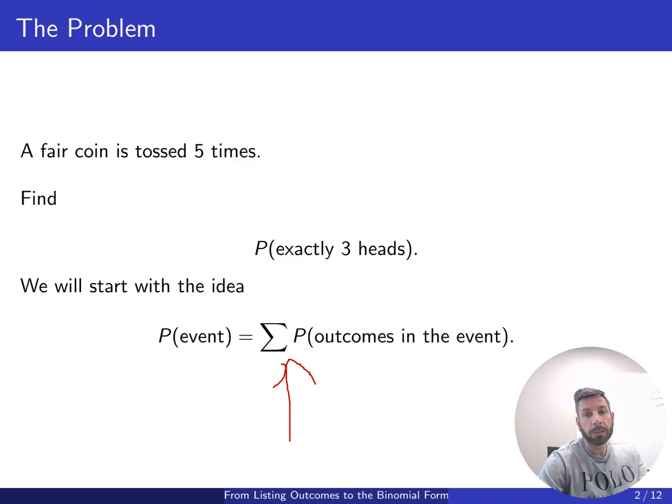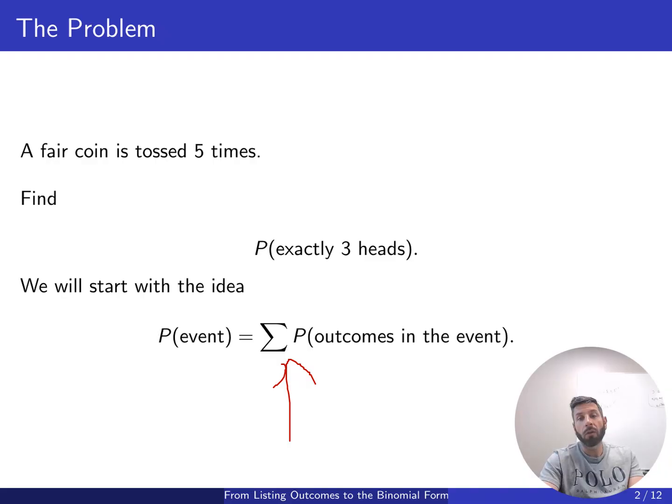So if we were to write out everything that happens, when we flip a coin 5 times, there are 32 outcomes. Why is that? Because each flip has 2 outcomes. With 5 flips, I have 2 times 2 times 2 times 2 times 2, which is 2 to the 5th power, which is 32 outcomes.